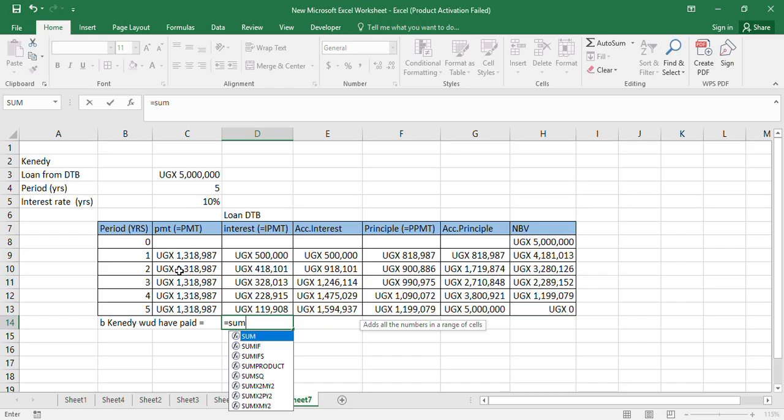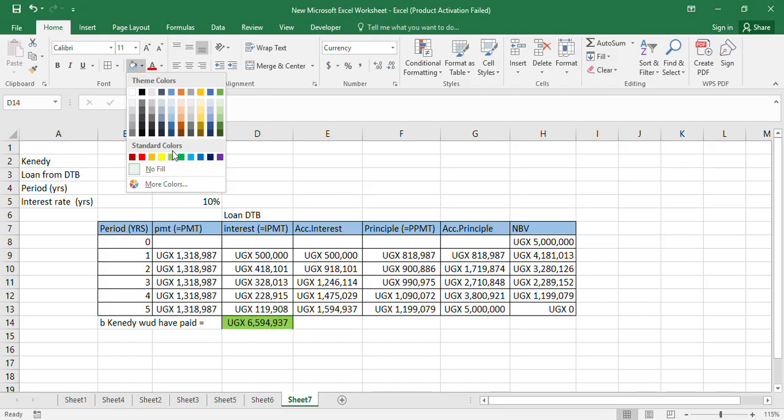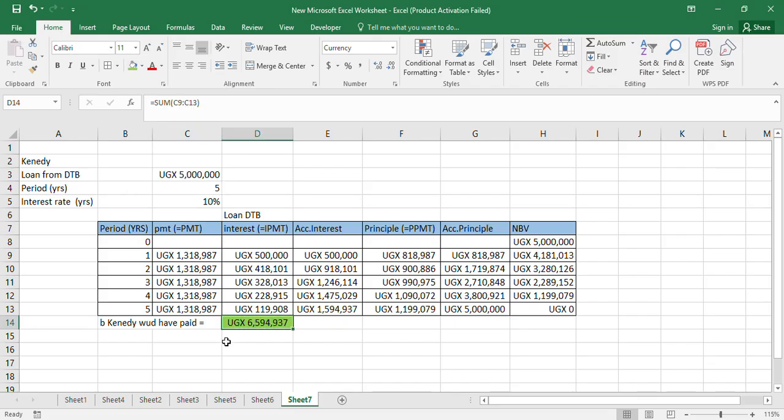Here you get the sum value of the payment period of the 5 years to give you the correct answer. So this is the amount Kennedy would have paid at the end of the 5 years. Okay, we get it as the sum of the payment, the PMT.